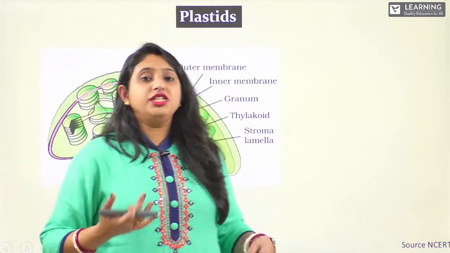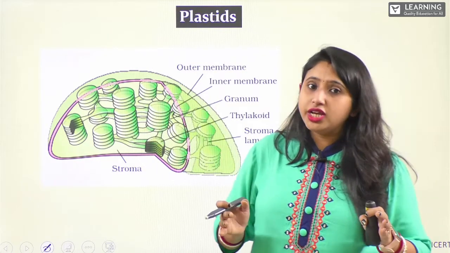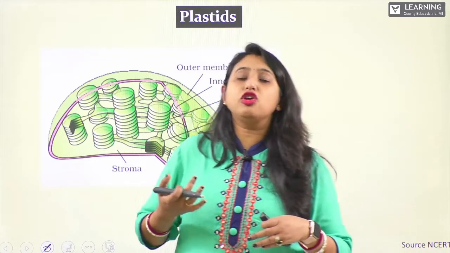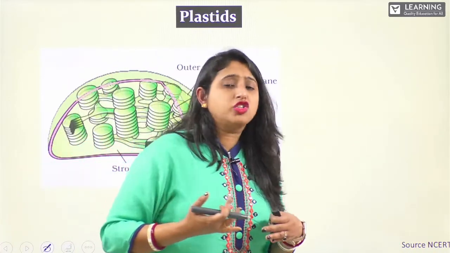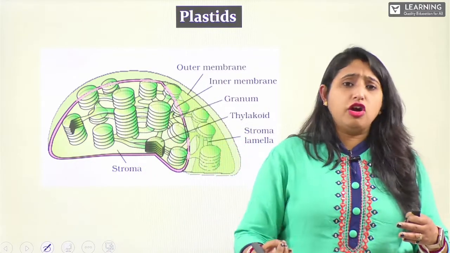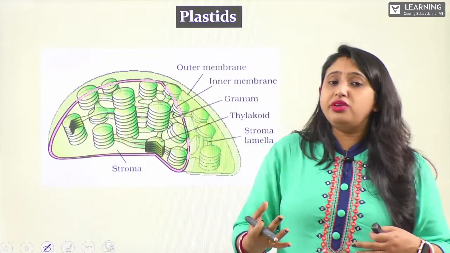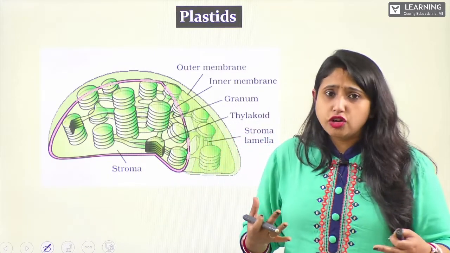What we have completed in this mitochondria: we have seen who discovered mitochondria, that is Collicutt, and who coined the term mitochondria, that is Carl Bender. We have also seen the nature of the mitochondria, that it is a semi-autonomous cell organelle, the two membranes, the outer membrane and the inner membrane, and the various structures of the mitochondria.